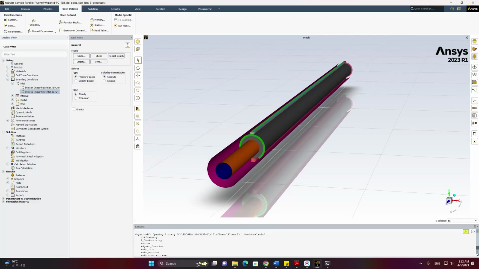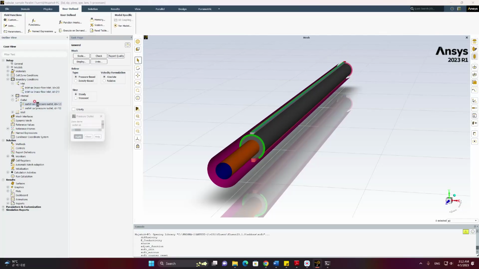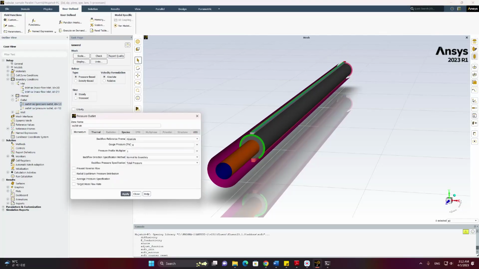Now we need to define the outlets. It normally tells that we should define the outlet in a way that there's no backflow. So for defining the outlet at the anode, the temperature, because the reaction will take place and the temperature is bound to increase. From 973, the estimate at the anode side is 1250 Kelvin.